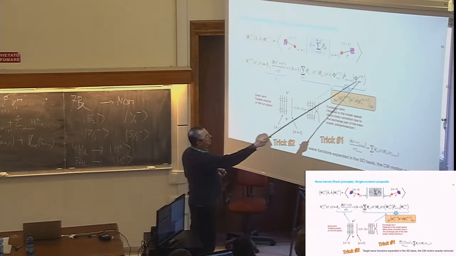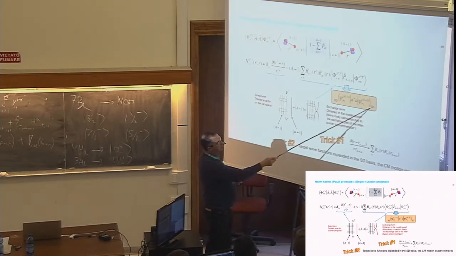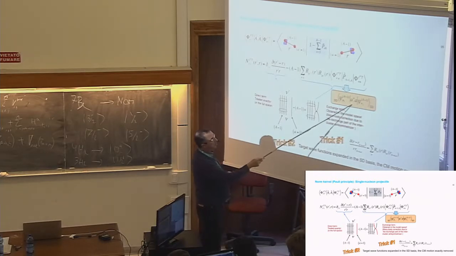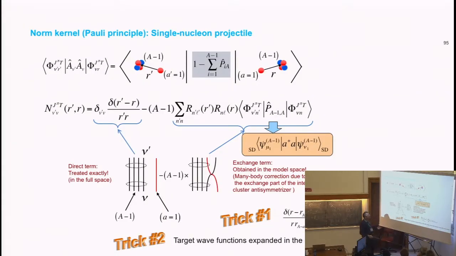In this case, let's say this helium-4, expanded in Slater determinants, I need to calculate A dagger A, the creation and annihilation operators in my harmonic oscillator basis, acting on these eigenstates that I compute in the no-core shell model. So my statement is that this matrix element I can get from these, and those are easy to calculate.